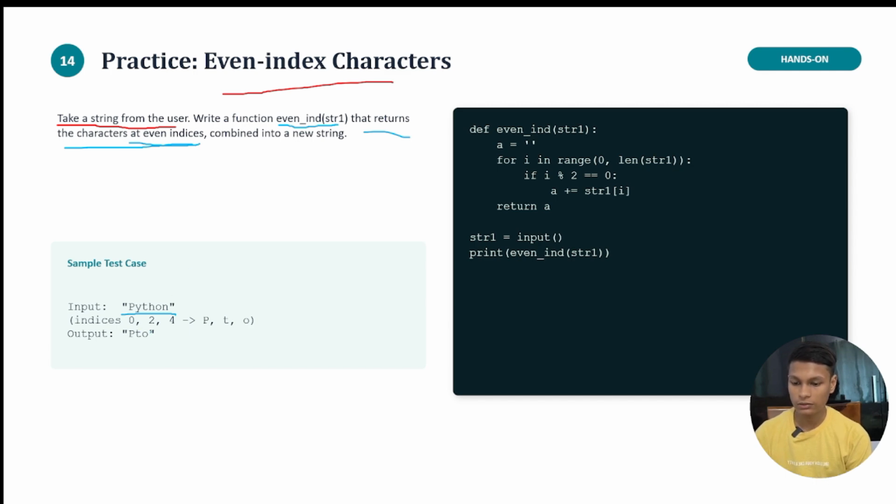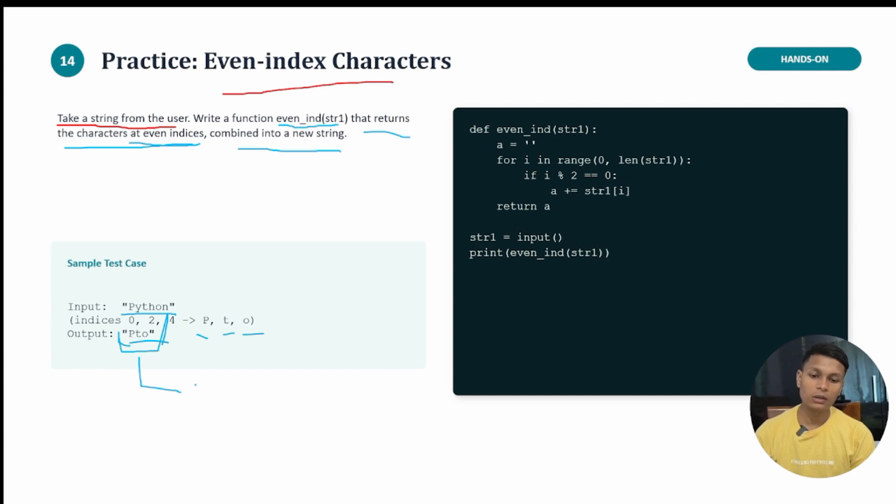Here you can see that 0 to 4 are the even indexes, so only PTO is our output, that's why PTO was there. Okay, this is basically what we are going to perform: combine these into a new string, and print the string. So this is our new string and we are going to print this output PTO as a string.